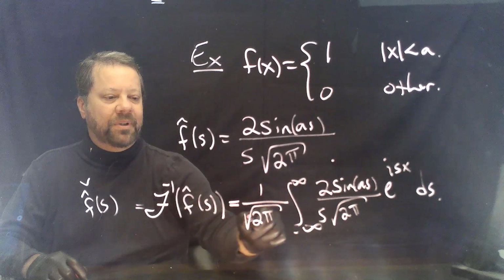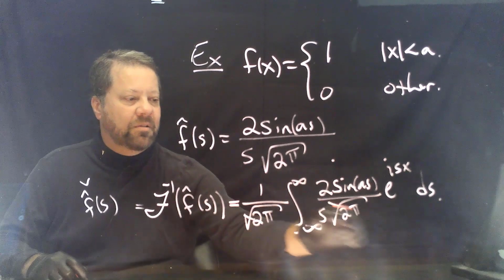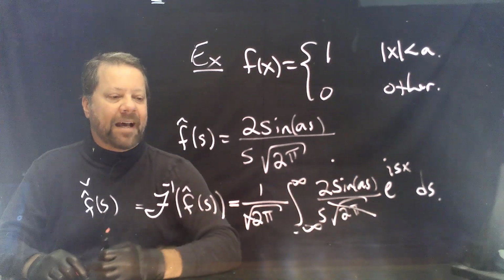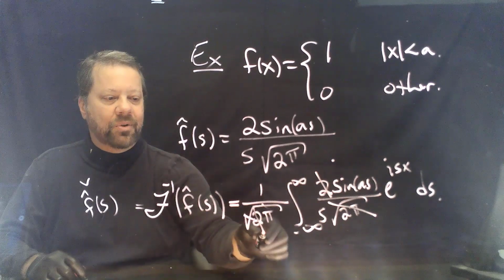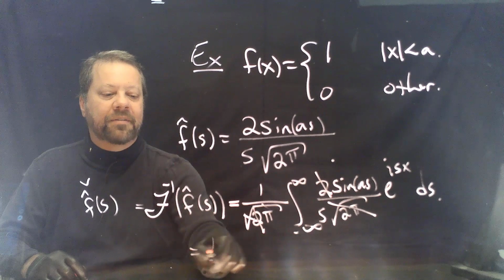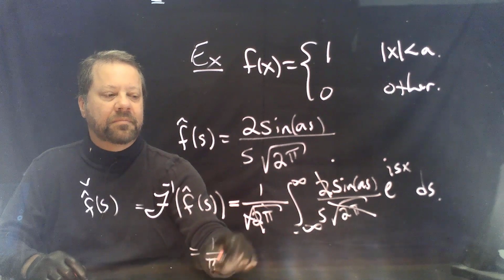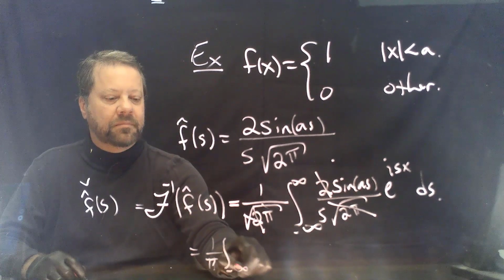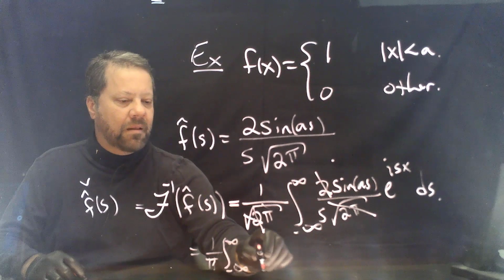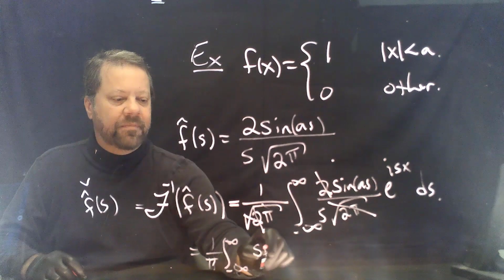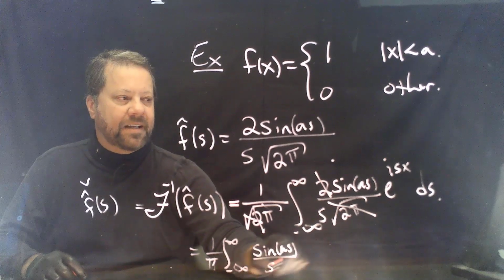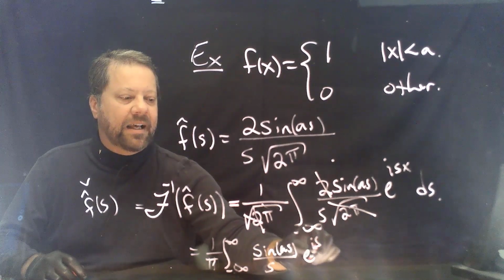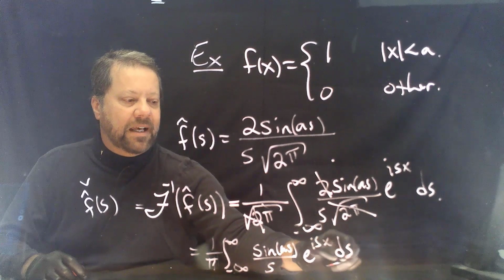First thing we'll do is move the root 2 pi out, canceling this root. Then we can cancel this 2, so we'll have a 1 over pi out front. We'll have here sine as over s e to the isx ds.